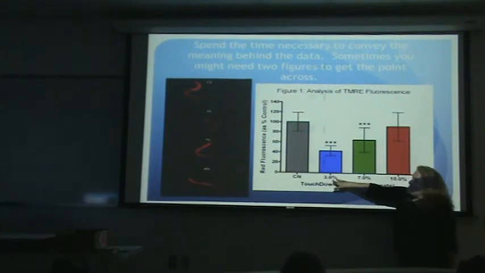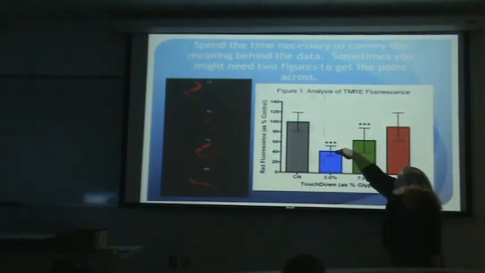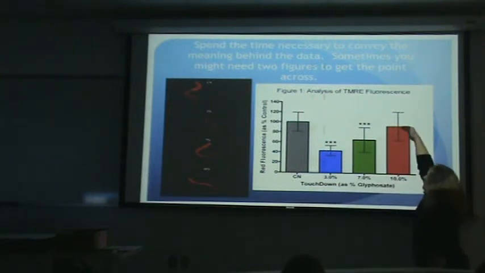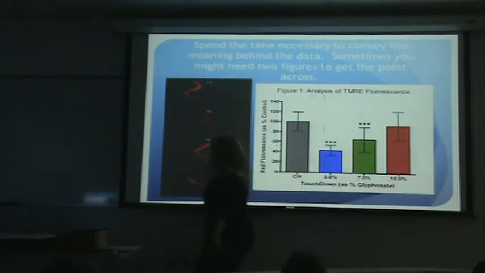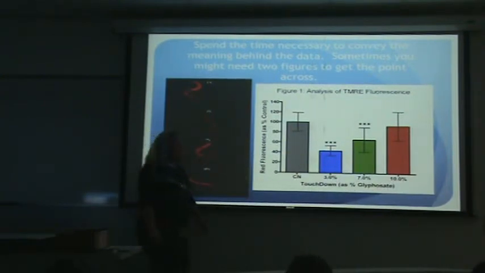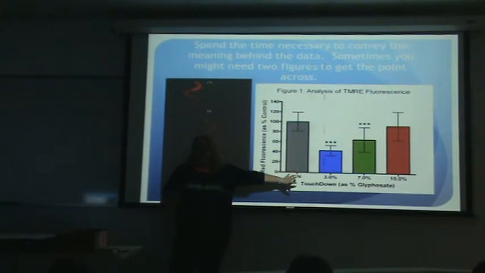The 3% pesticide group had this amount overall. 7% group, 10% group. A lot of times students will show this data and then get asked in the follow-up question about the quantification, the numbers behind it.